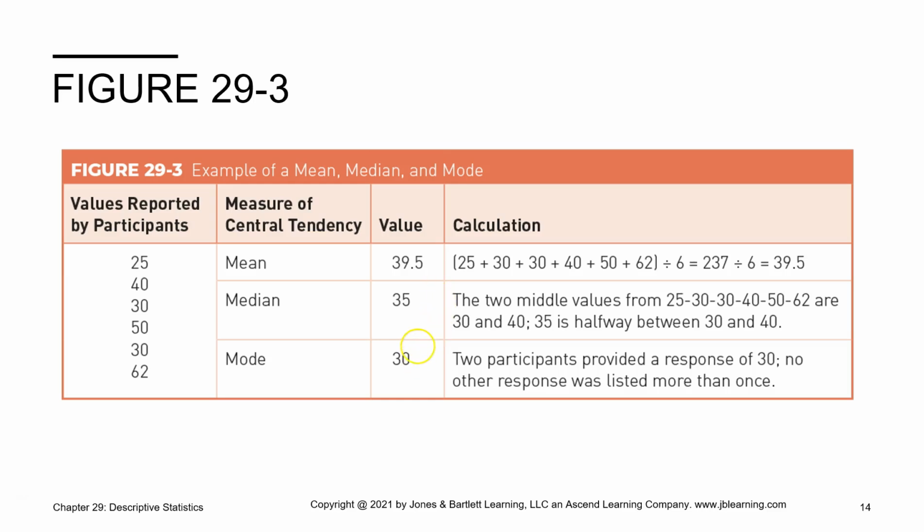For the median, you have to put them in order, so you'd go 25, 30, another 30, 40, 50, and then 62, and then see where the 2 middle values are. The middle value is in between 30 and 40, so the median is 35. Then the mode is any value that occurs more than the others. There are 2 30s in here, so your mode is 30.